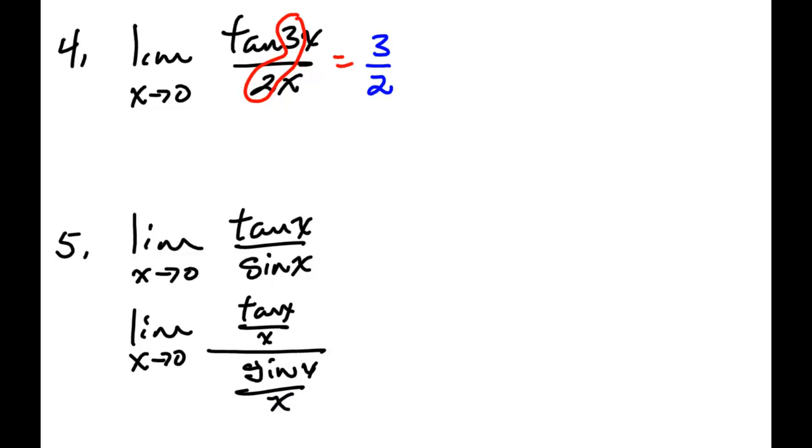But then because of just algebraic sense, those two go away, which leads to that. But we know this. We know that tan x over x is 1, sine x over x is 1, and therefore the overall value of the limit is 1.